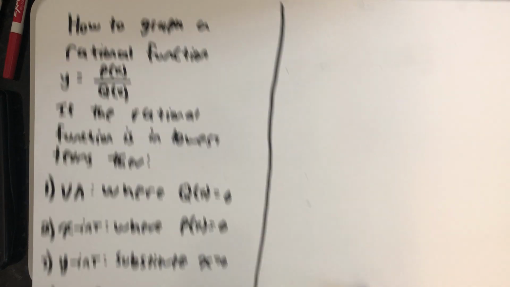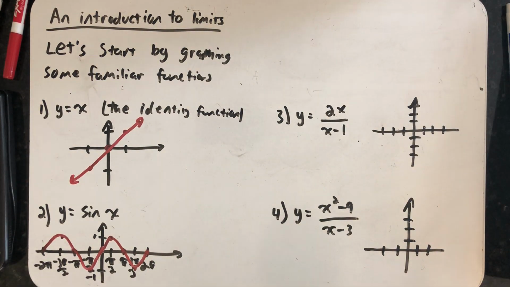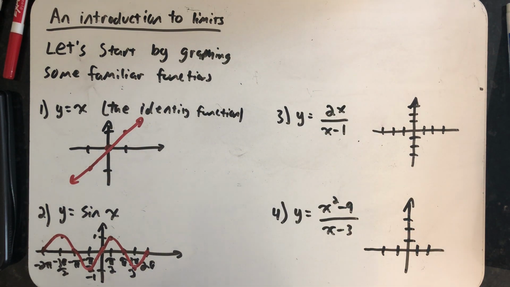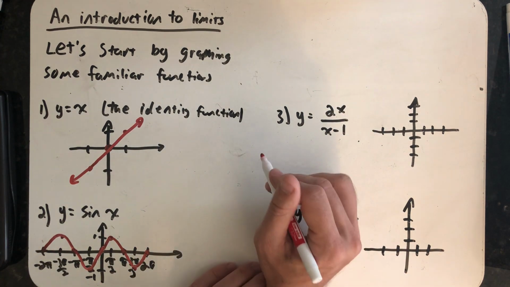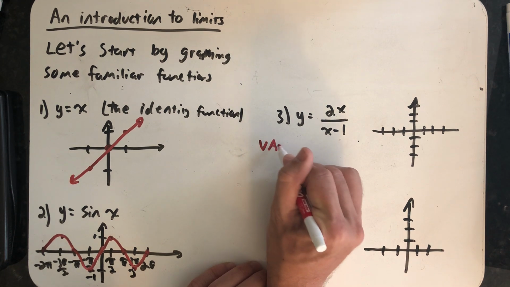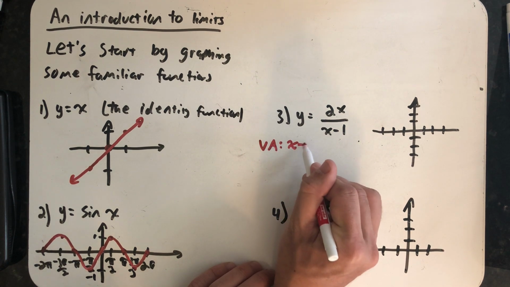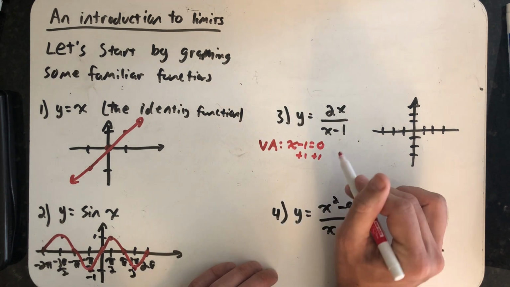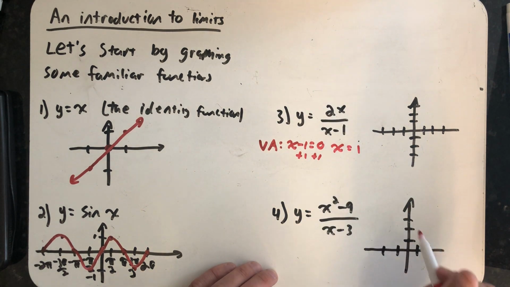All right, so this first rational function, 2x over x minus 1, they do not share any common factors, so they are in lowest terms. So I can just follow the things that we just went over. The vertical asymptote is going to be where the bottom is equal to 0, so the vertical asymptote is going to be at x equals 1.